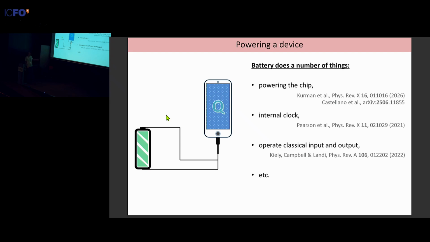But it would also have to power some internal clocks that control these operations. It would also have to operate classical input and output, because you will want something from the device, and it will have to give you this information. So there are a bunch of things that a typical quantum device, or pretty much any device, would do. It's not just one thing.